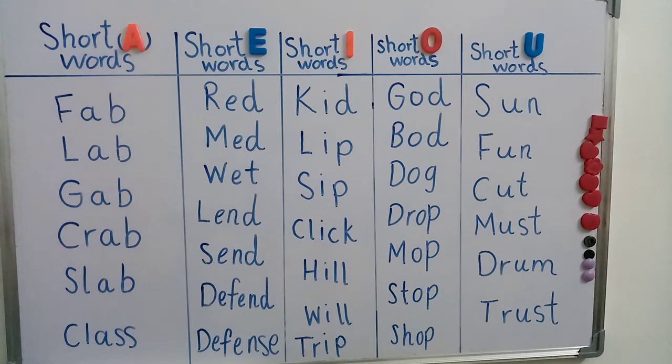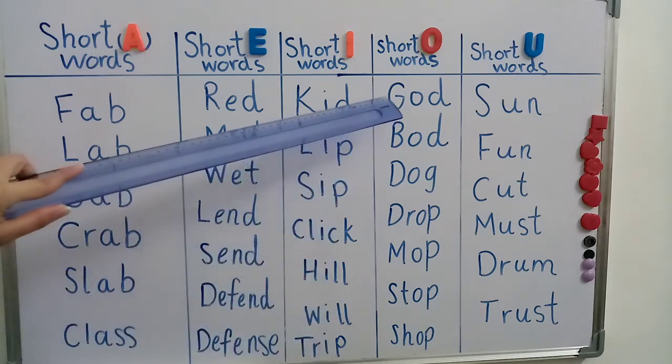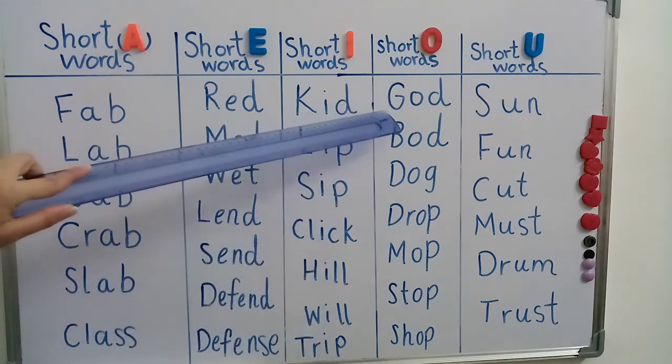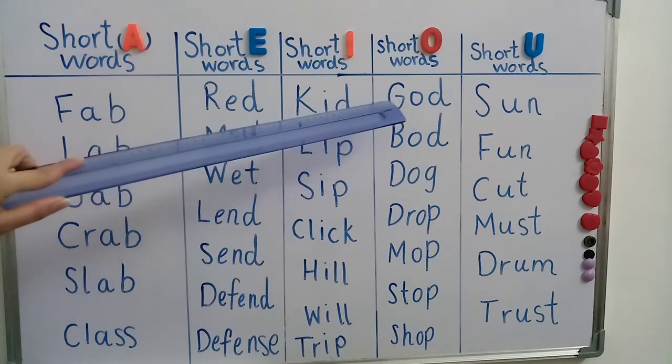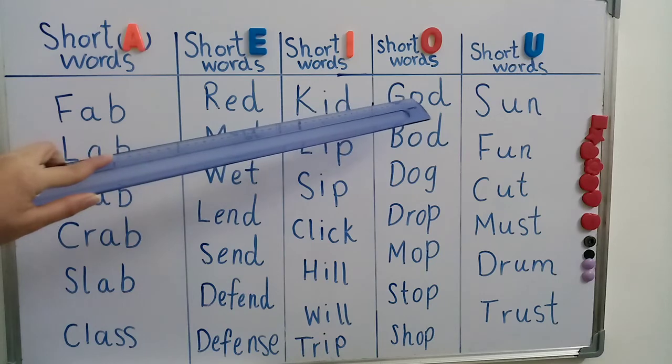So when we are reading words with a vowel O, the sound is not O as its name. In many words, the sound is ah. So let's look at the first word, G. The G says G. G and O, we have go, God, God.